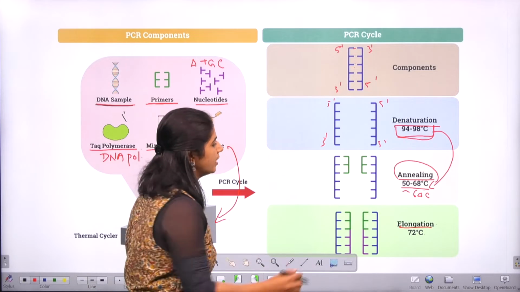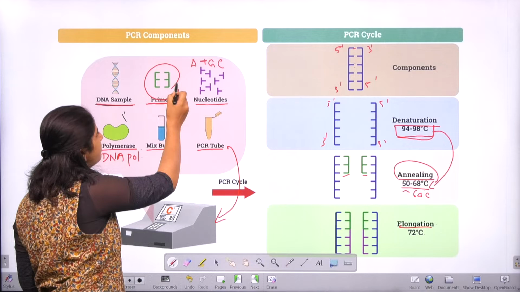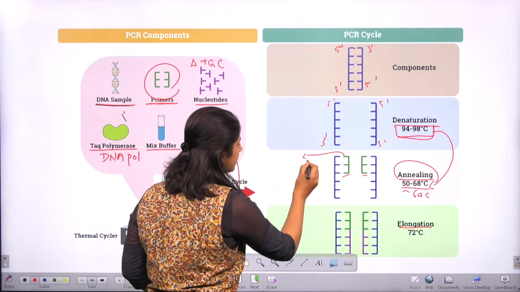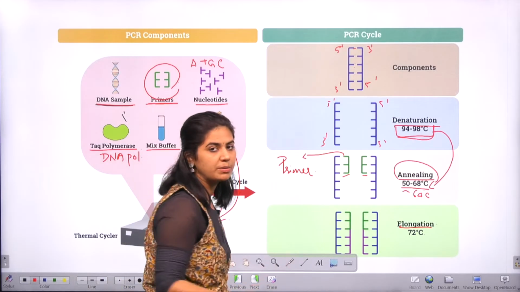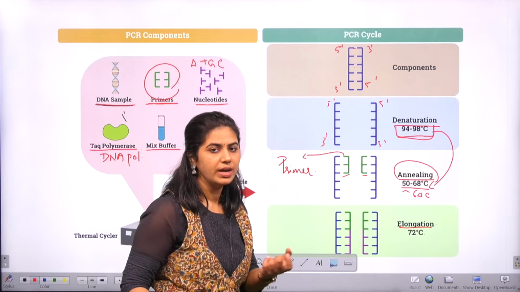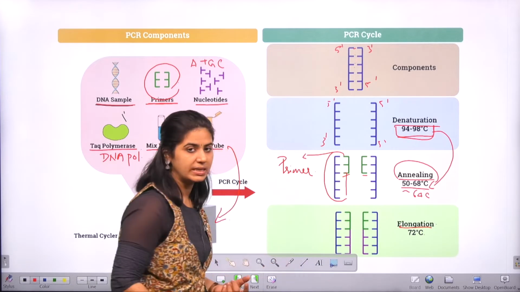Here we need a primer. We have seen it here, right? Primer is an RNA. Now what's the function of the primer? It just initiates the process of replication, as an extra strand of DNA which is complementary to the template, right?